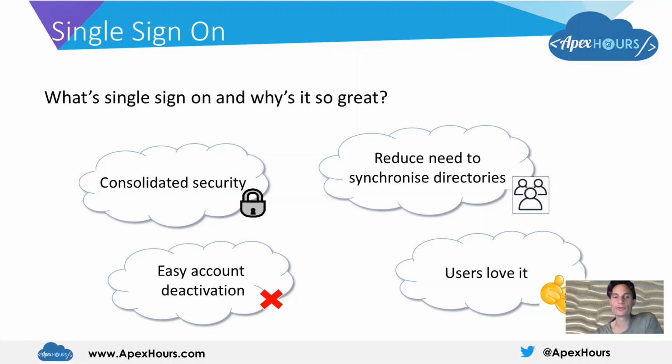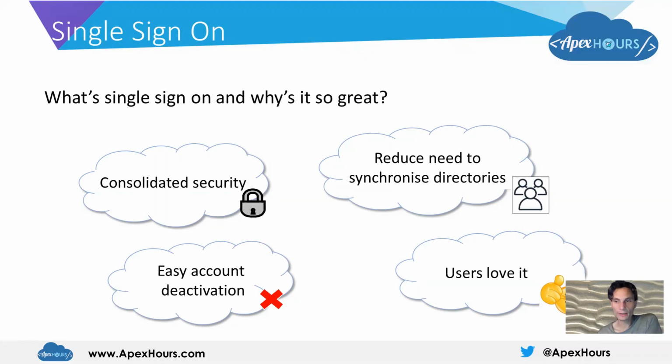In some of these flows, it's possible to communicate information from the identity provider or OpenID Connect provider down to the applications which are being authenticated. So this can reduce the need to synchronize directory information between those applications, because the applications that are being authenticated get that information on the fly. So things like job title, phone number, email address can be received with each authentication action and updated in the consuming applications.